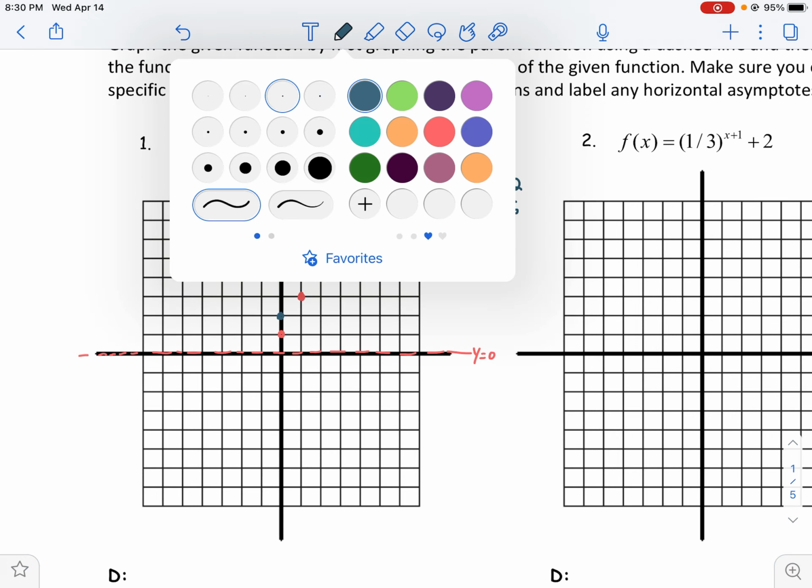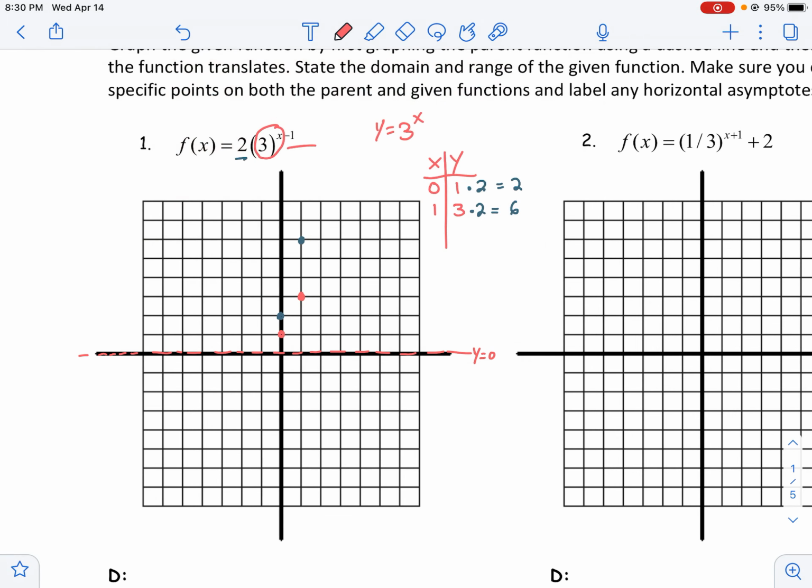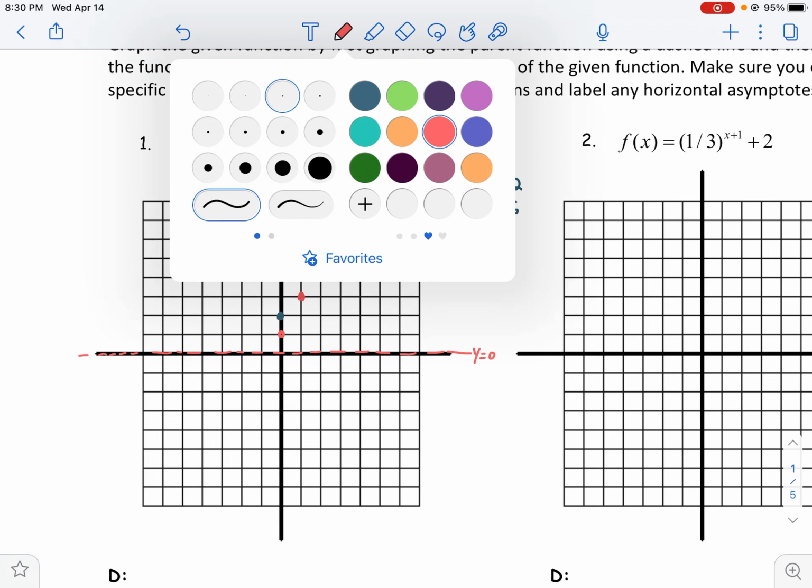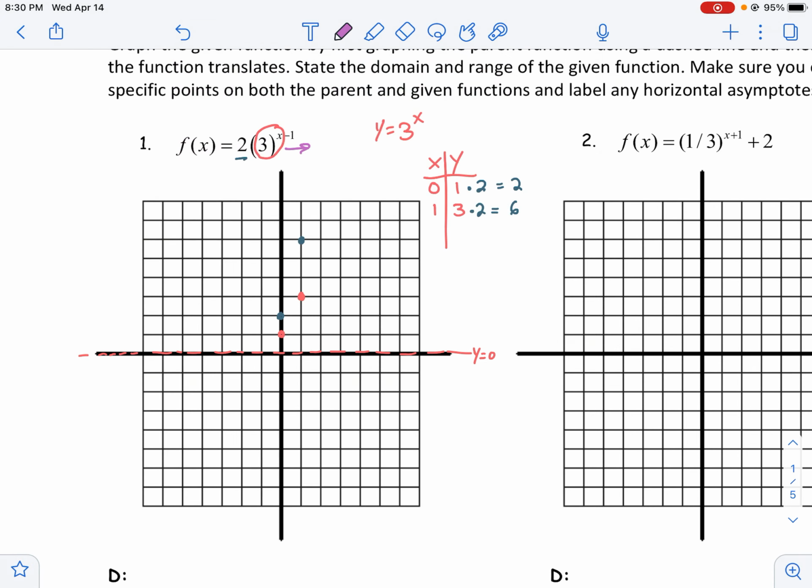And then the last thing it tells us to do is to shift all of those points to the right one. So right here, we're going to go right 1, right 1. There is no vertical shift moving that horizontal asymptote up and down, so it stays at the same place, and then we can just go through those 2 points.